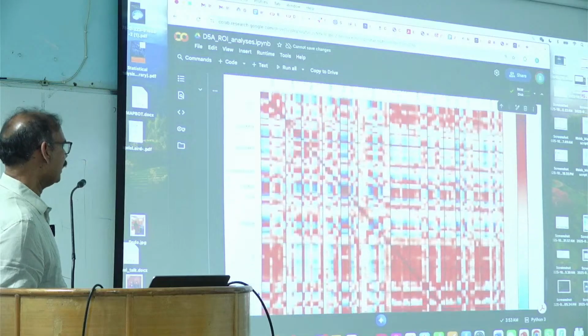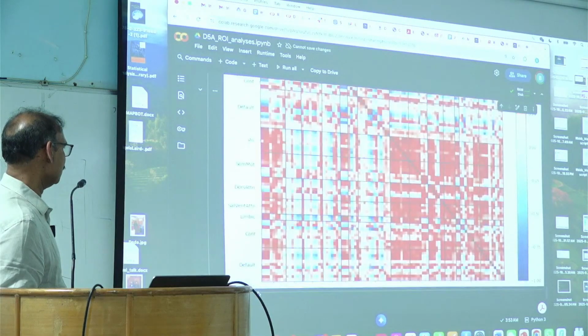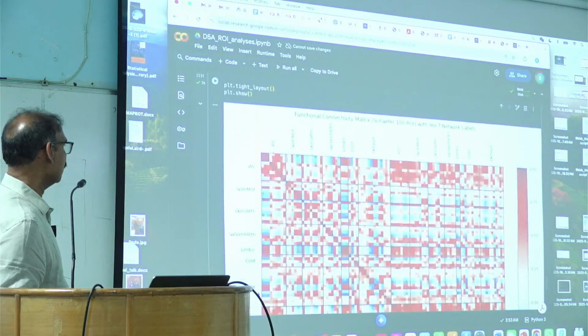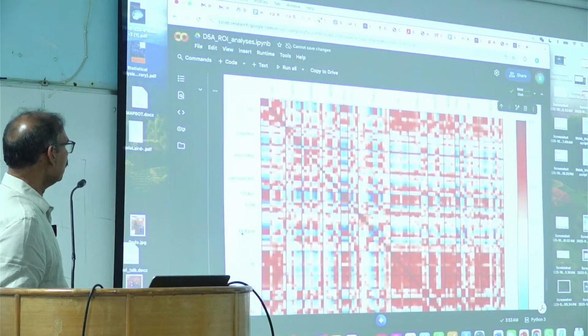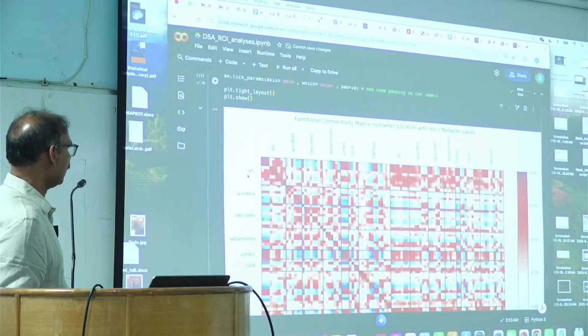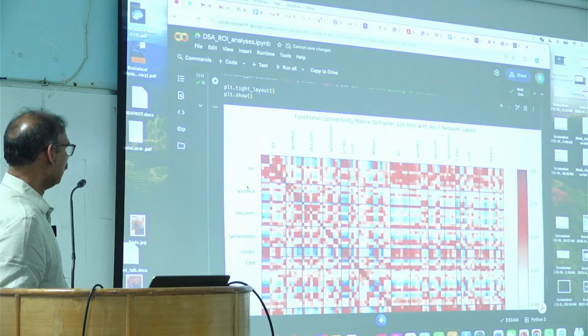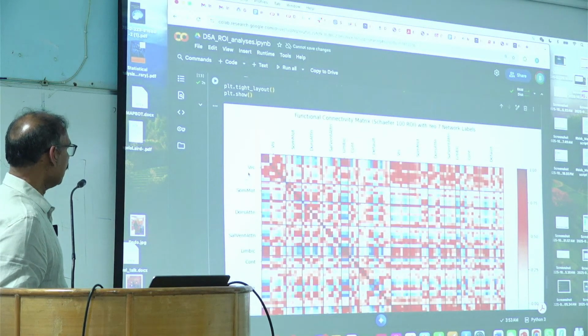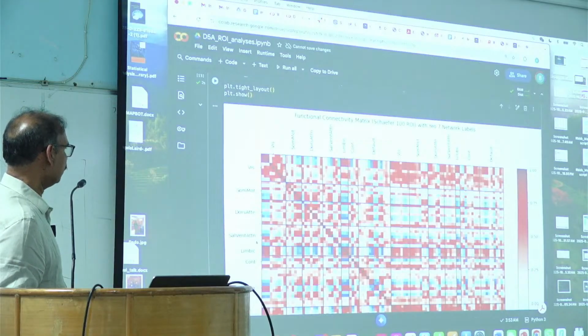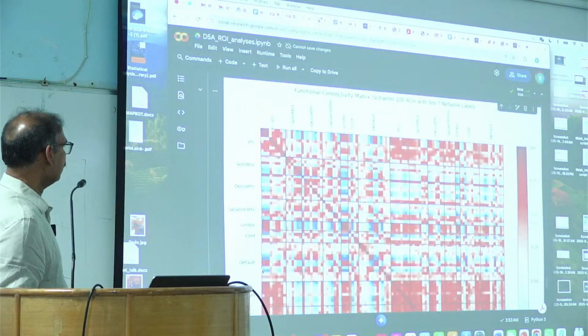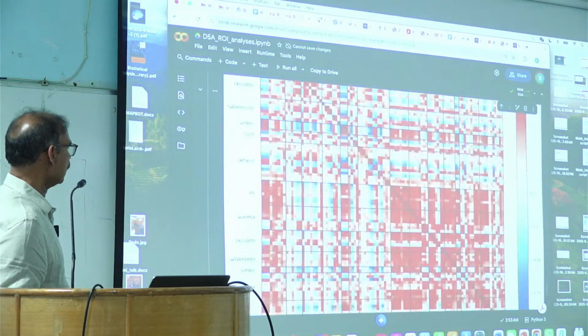Yeah, I don't think it is correct. So I'm trying to figure out what has happened. I believe this is left, left, left, left, left, and then it is right. And this is again right, right?